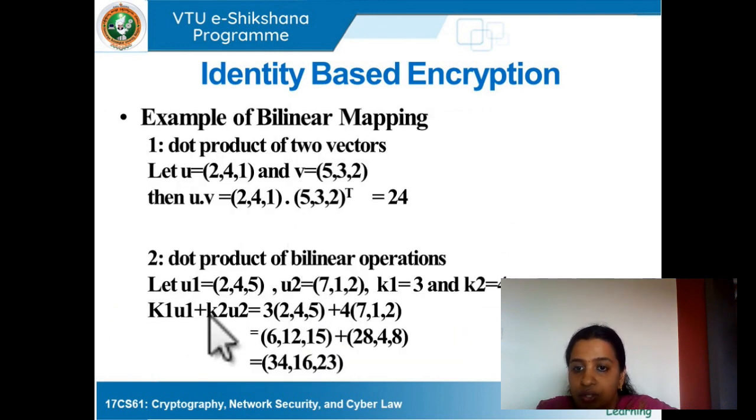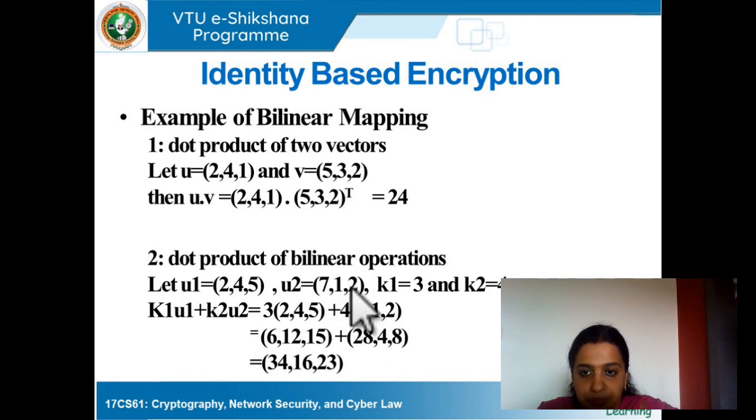Here it is given that k1 is 3 and k2 is 4. So 3 into u1, where u1 has elements 2, 4 and 5, and we use this 3 to multiply all three elements. And k2 is 4 and u2 is 7, 1 and 2.